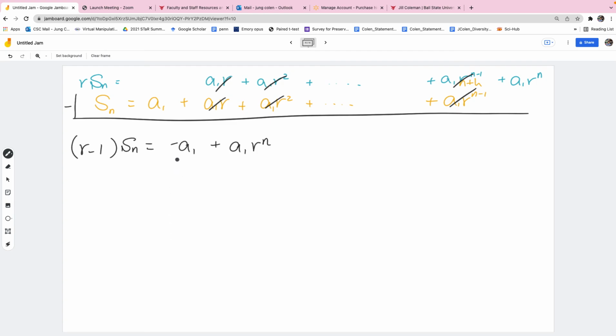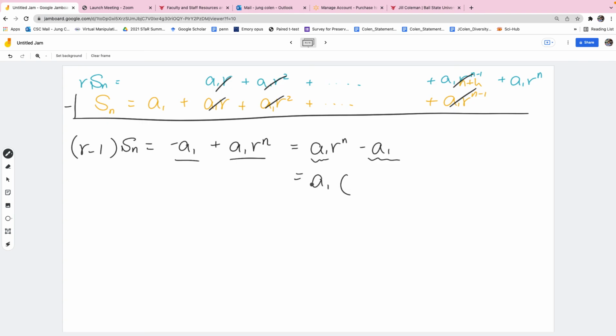Now examine these two terms. I see the a sub 1 is a common factor, right? So I'm going to factor that out, but first I want to switch these two around using the commutative property in addition, because I like to have a positive number at the beginning, but it doesn't matter, it is the same thing. Now I see that a sub 1 is a common factor, so factor that out.